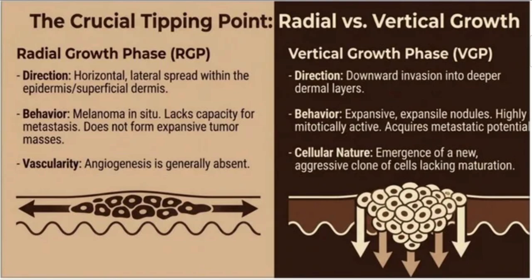Whereas in the vertical growth phase, the direction is downward invasion into deeper layers. It is highly mitotically active, expansile, has metastatic potential, cellular nature, and emergence of new maturation.